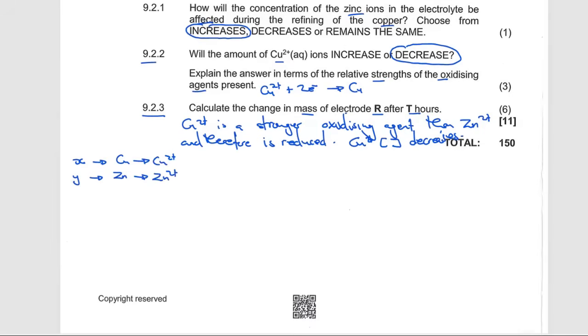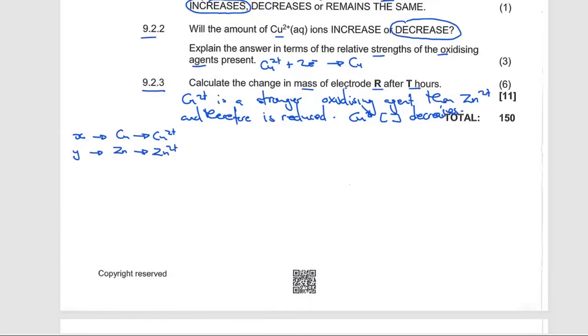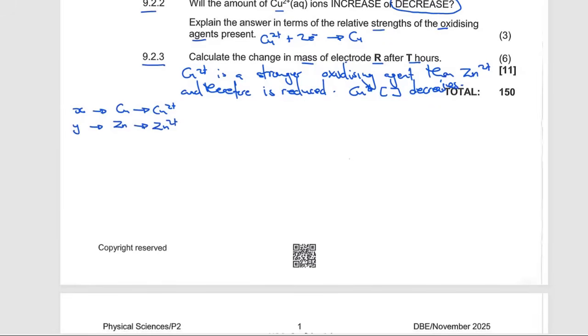We started with 0.15 moles of Cu, so 0.15 moles of Cu were deposited at the cathode, right? At the cathode, okay?